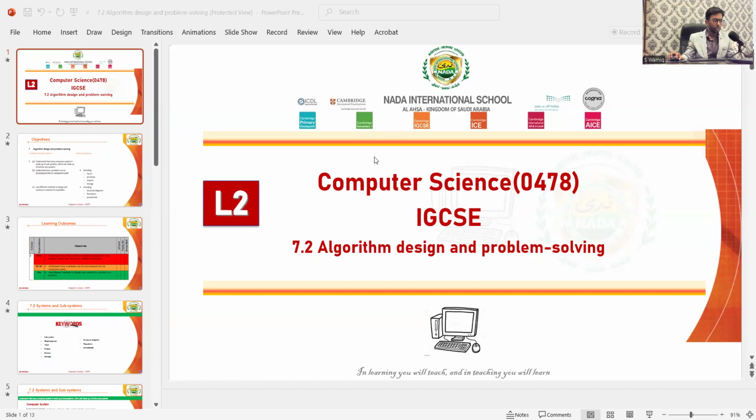Okay, so even before starting this, I discussed with all of you that we do have a program development life cycle. The program development life cycle is basically a series of structured steps that are followed to produce a system, that are followed to produce software.